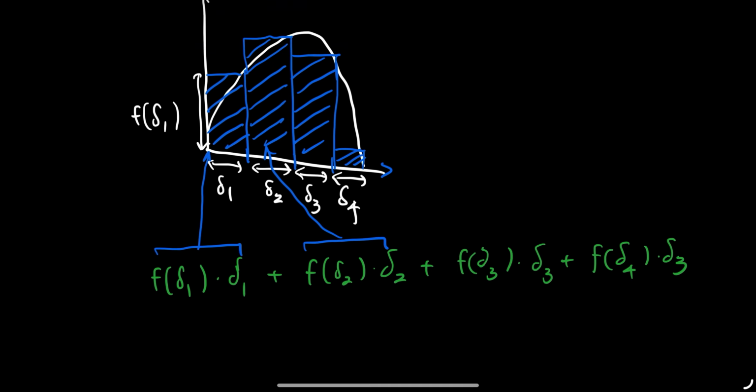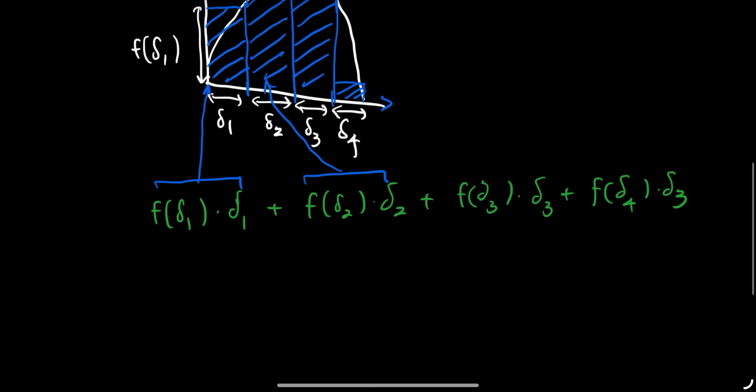But the problem is that the sum of all these rectangles does not really match the area under the graph, right? Make sense? So now I will use a formal definition, summation, right?